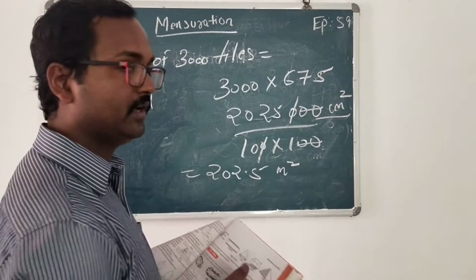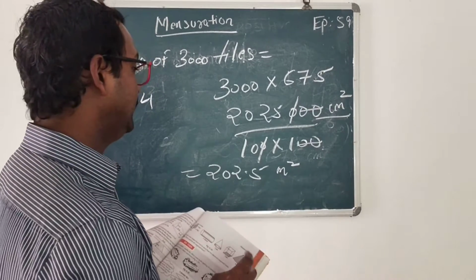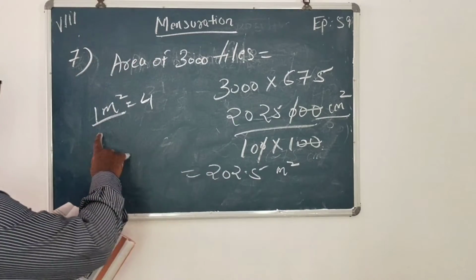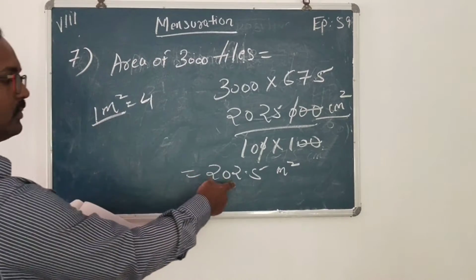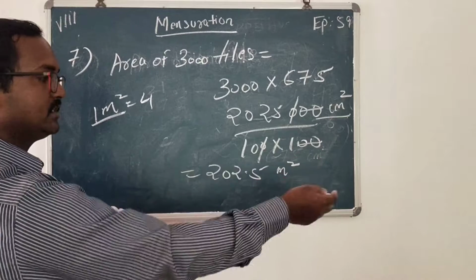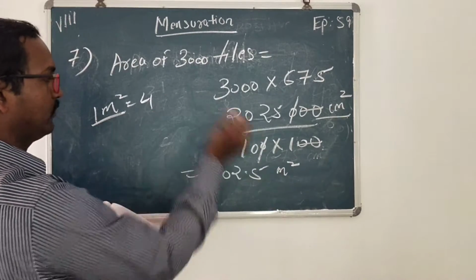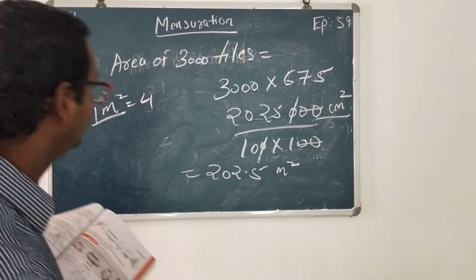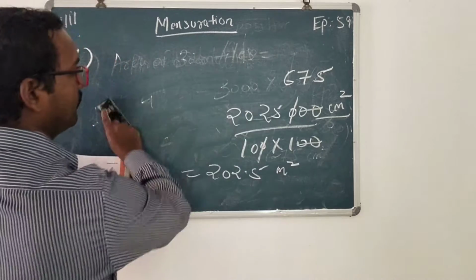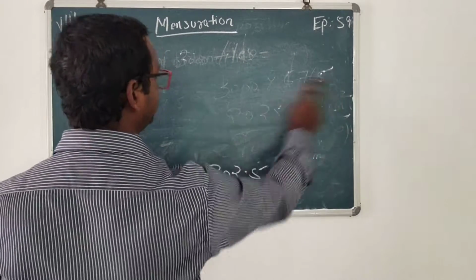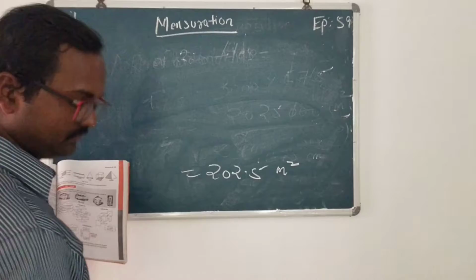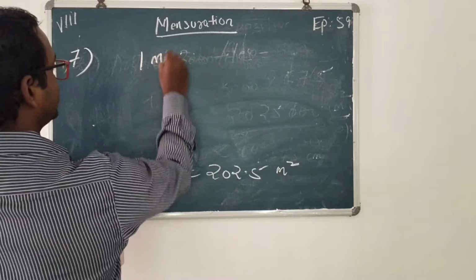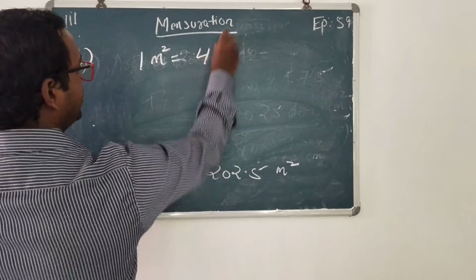Okay, so what we are going to do now is we know for 1 meter square the cost is 4 rupees. So for 202.5 meter square the cost is 202.5 into 4. So we have to multiply. For 1 meter square the rate is 4 rupees.